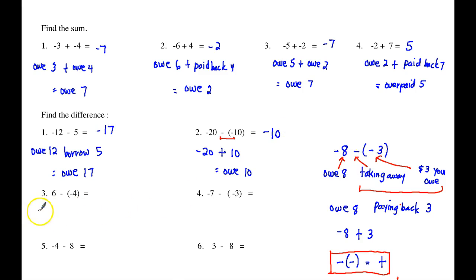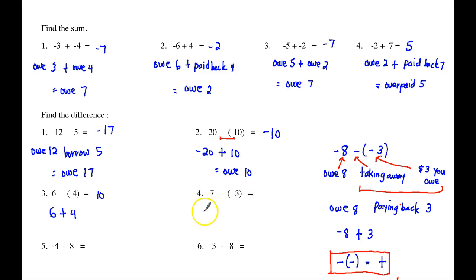All right, the next one. So here you're starting off with $6. Remember, the whole idea of minus negative, that's the same as addition. So once you see minus negative, change that to addition. And then 4. So 6 plus 4, that is 10. All right, same thing here.